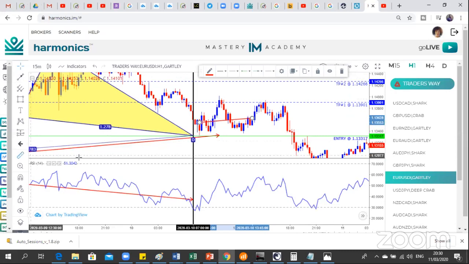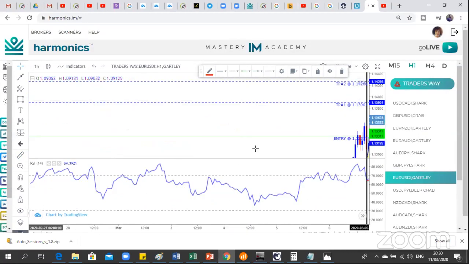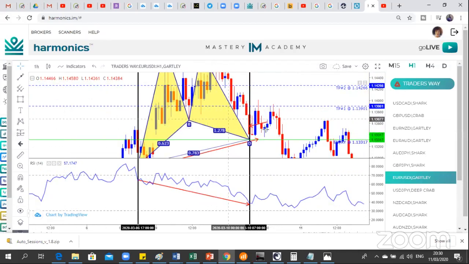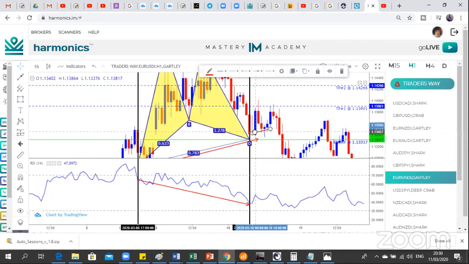So if you are in this trade, you would have done your first take profit of TP1 instead of waiting for the first candle on H1. Okay, you would have gone into this trade.